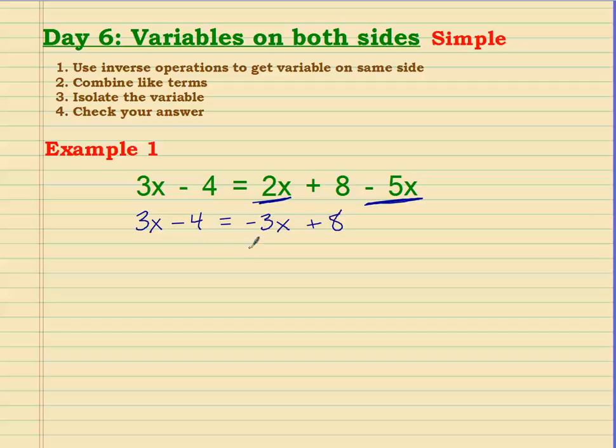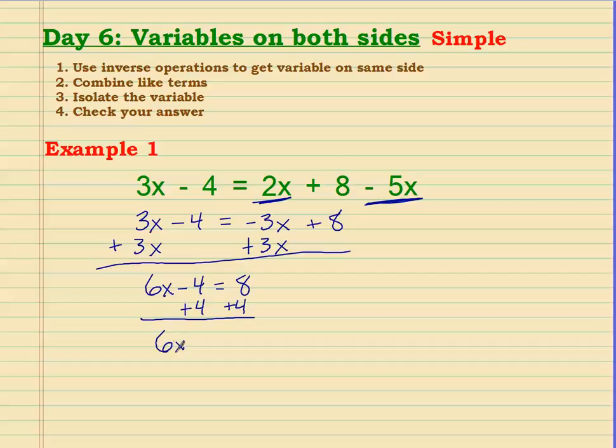And now I will add my 3x to the left side and get 6x minus 4 is equal to 8. And I'm going to add 4 to both sides. And I get 6x is equal to 12. And then I'm going to divide both sides by 6 and get x is equal to 2.